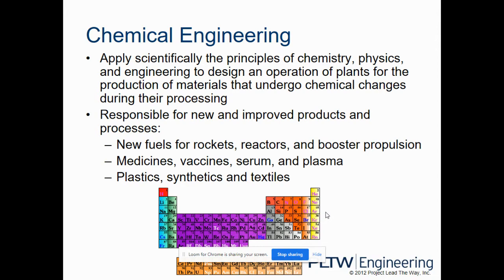Oil refining is probably one of the biggest users of chemical engineers because from that oil and the byproducts, we make all sorts of other chemicals, like fuels for rockets, fuels for other types of reactors, chemical reactors. We can make medicines from a lot of these petroleum byproducts. Plastics cannot be made without oil. So if we're talking about a world without oil, you're not going to have plastics in it.